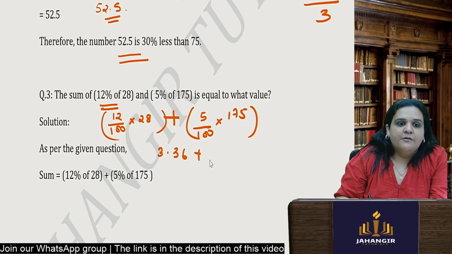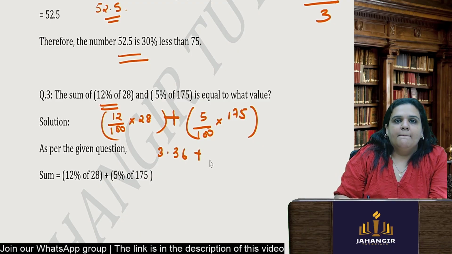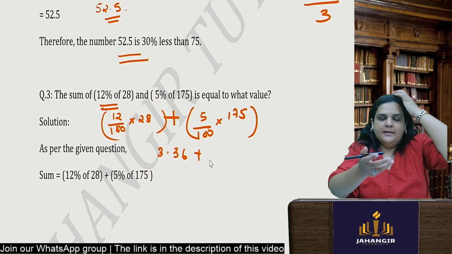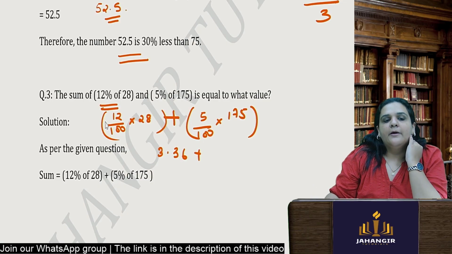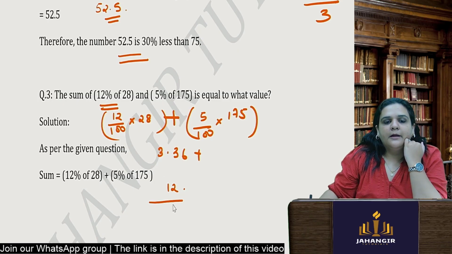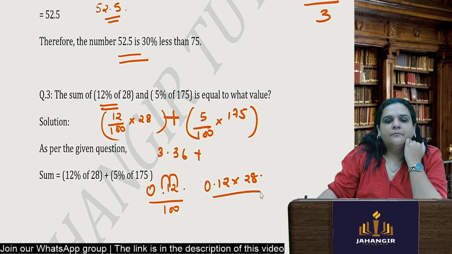You have to solve it properly. You can divide and make it into the simplest form, or you can just put it as 0.12 when dividing 12 upon 100, two decimals, 1 and 2. So 0.12 into 28. Same thing you can do here, 0.05 into 175. So it will become easy.